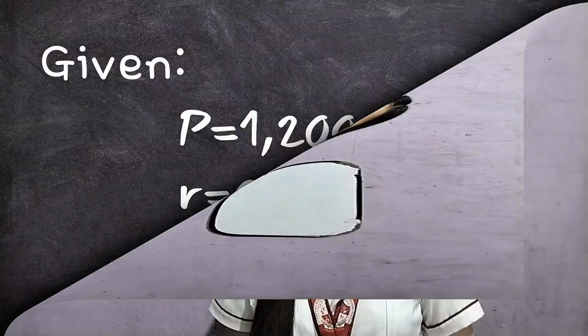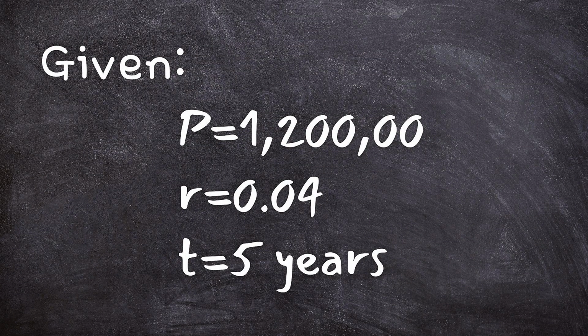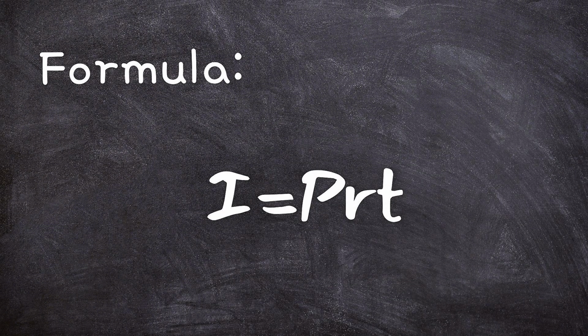Now, we do the math. Our given is principal is equal to 1,200,000. Our rate is equal to 0.04 and time is equal to 5 years. This is our formula.